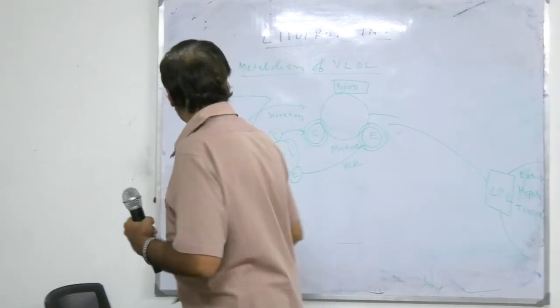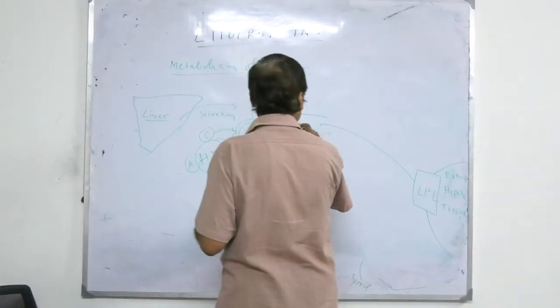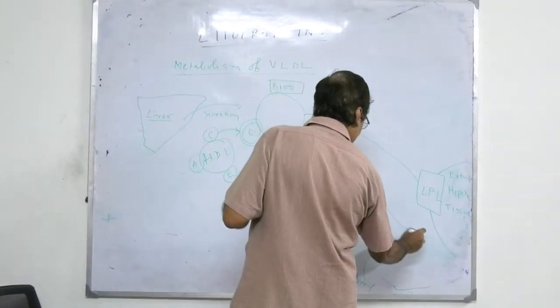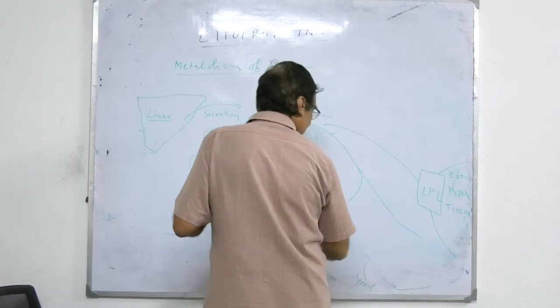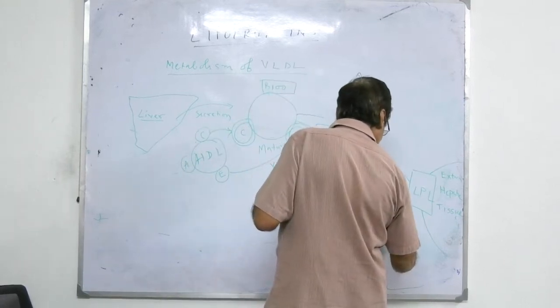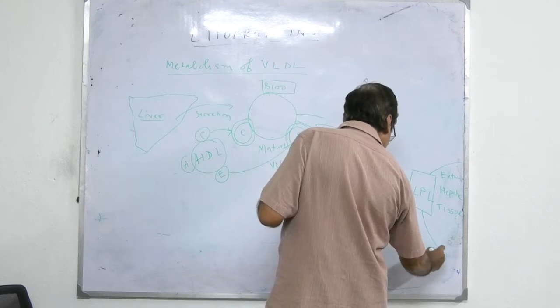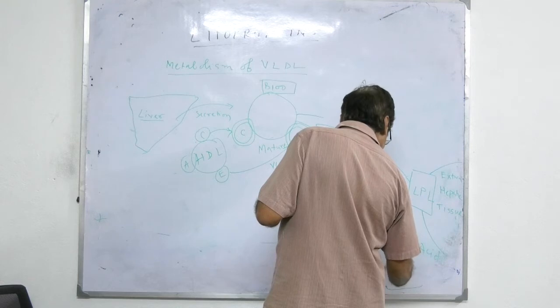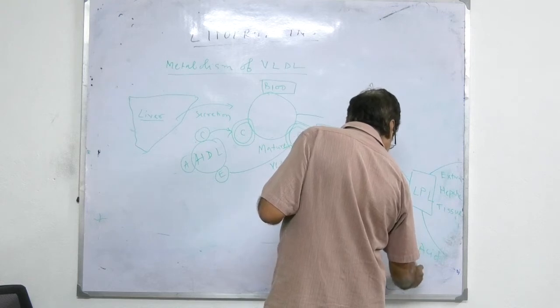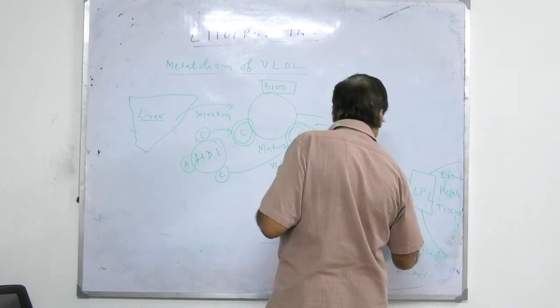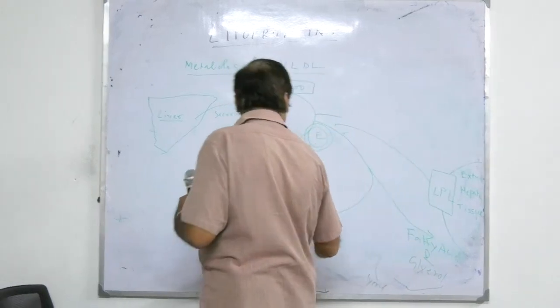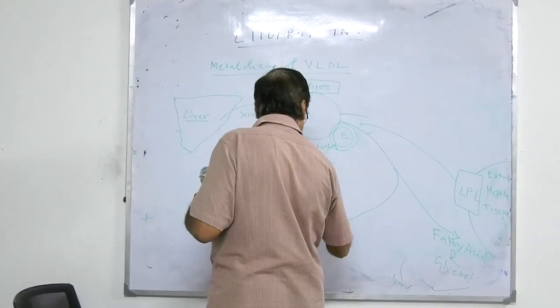Okay, then this becomes smaller by losing fatty acid and glycerol. That means it loses triglyceride. It loses triglyceride. It becomes small in size.